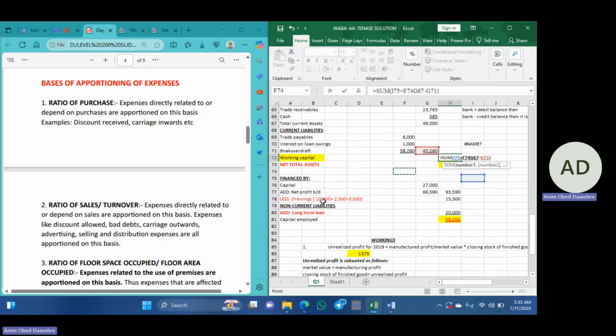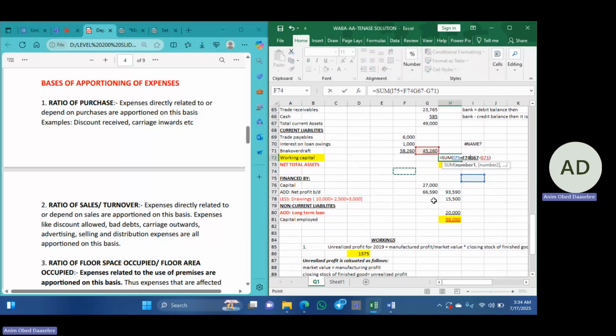So the drawings in the trial balance will come, and any other drawings from raw materials and drawings from final products or finished products.